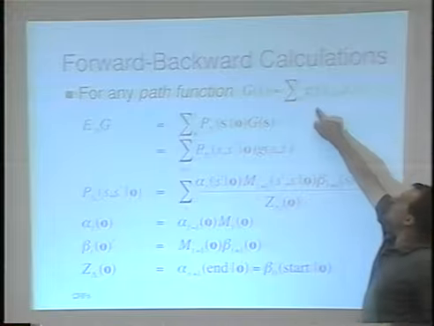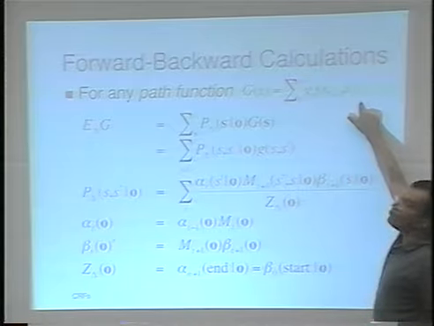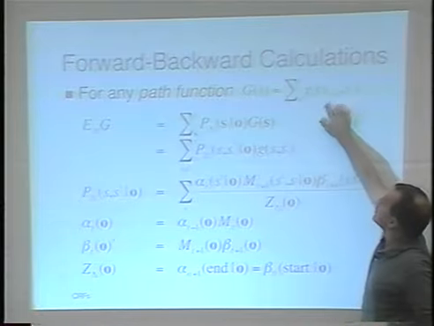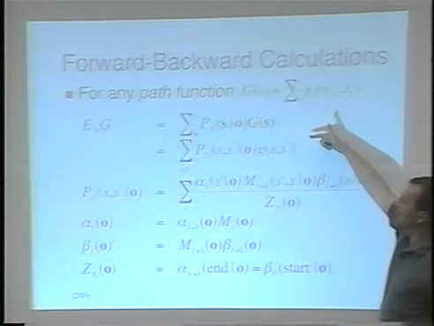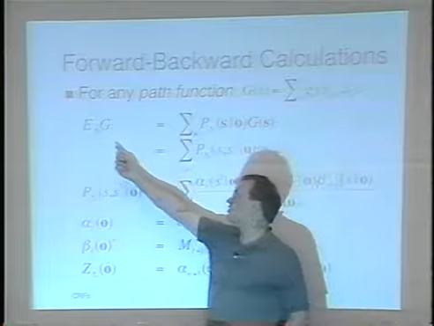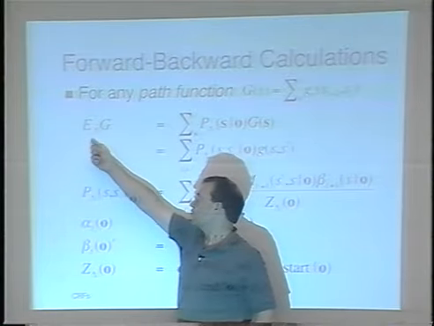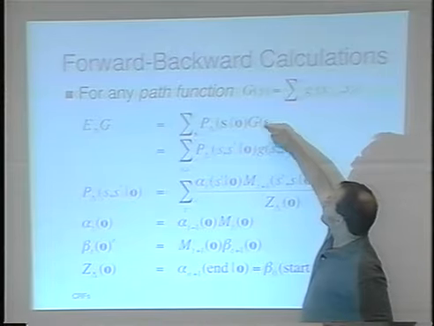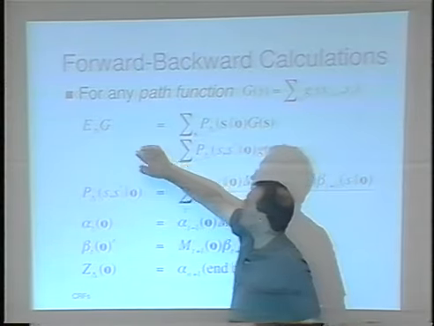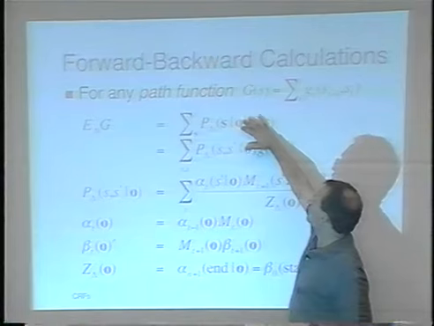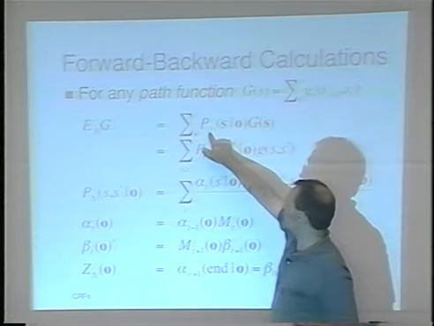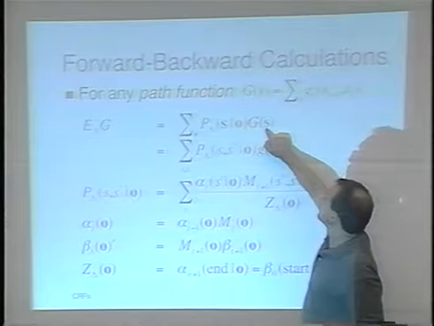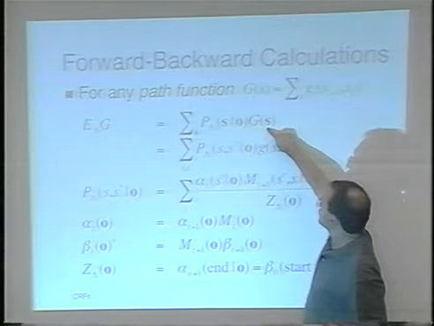Now, if you have any function which is additive along state sequences, which I call here a path function, then the expectation of that function according to the model, for a given particular input, so we're fixing the input O, is going to be the probability of that particular state sequence times the value of the function in that state sequence.